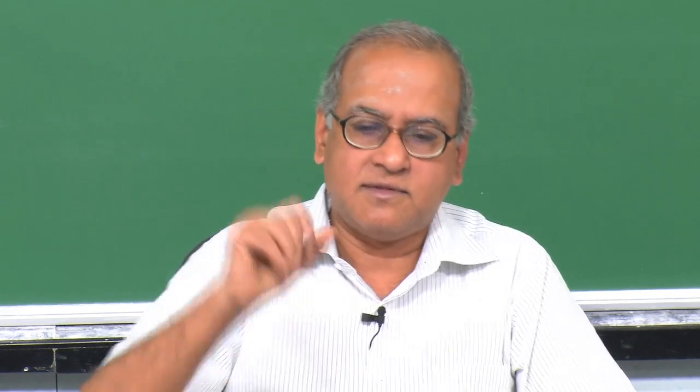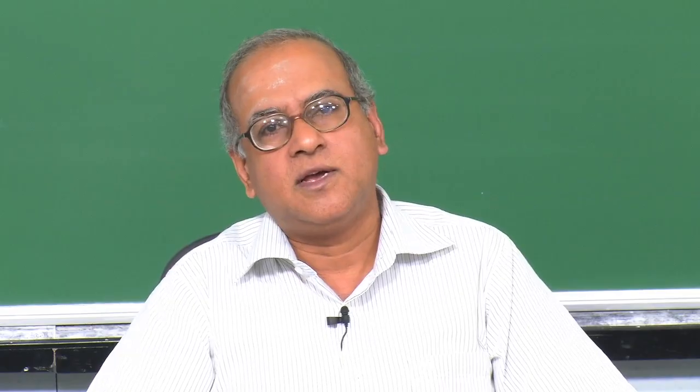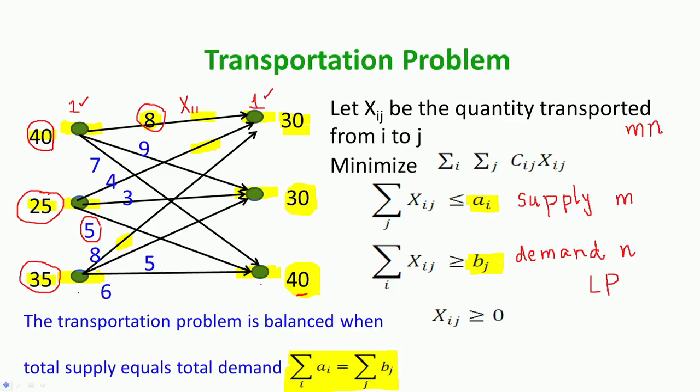But we have also seen that this transportation problem is a linear programming problem. If it involves m into n variables and m plus n constraints, then we could solve the linear programming problem directly. But before that, let us also understand the implication when total supply is equal to the total demand. Finally, we will have a situation where we use up all the supplies that are available and we also meet the demands exactly.